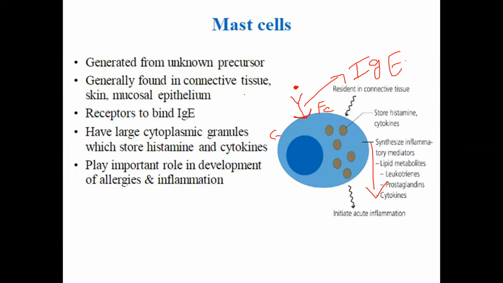That is a wrong statement. The pathogen will come and associate with the IgE antibody present on the Fc receptor of the mast cell. Then IgE will get activated. Then what will IgE do? IgE will give the signal to all these granules to break. Once all these granules break, all the chemicals will be released. Then it will initiate the inflammation.